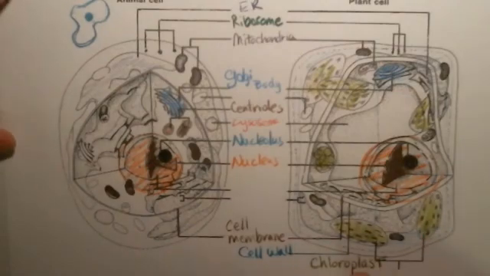Now, in the chloroplast, I'm sure that you've been taught this before, but I just want to remind you, there is a difference between chloroplast and chlorophyll. Chlorophyll is going to be the pigment that does the actual conversion of the light energy into chemical energy, whereas the chloroplast is that membrane-bound organelle.